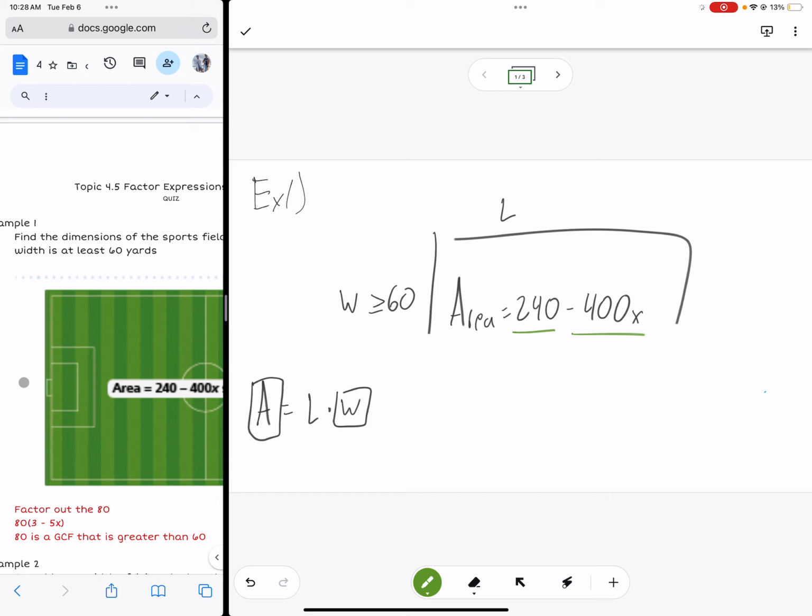Can it be divided by 60? It can't be divided by 60. Why would 24 be a wrong answer? What does the width have to be? We have to divide by something that is either greater than or equal to 60, which means anything below 60 doesn't count, right? So think of it as the greatest common factor.